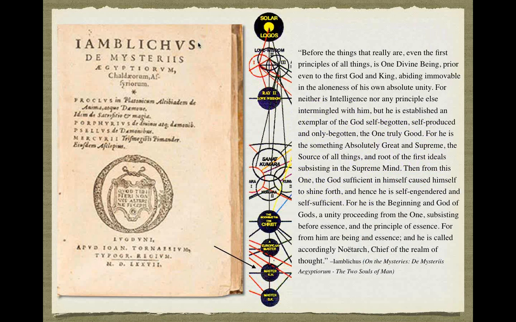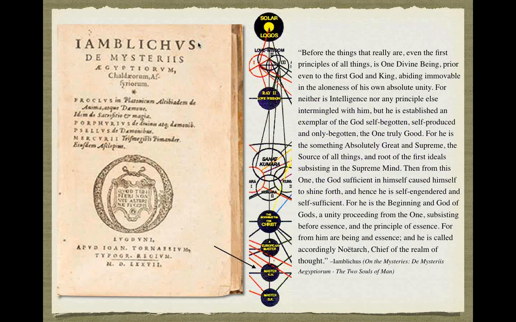For neither is intelligence nor any principle else intermingled with him, but he is established an exemplar of the God self-begotten, self-produced, and only begotten, the one truly good. For he is something absolutely great and supreme, the source of all things, and root of the first ideals subsisting in the supreme mind.